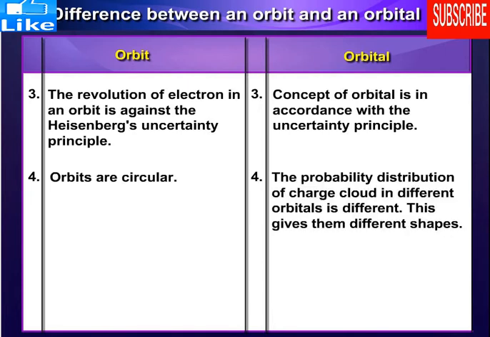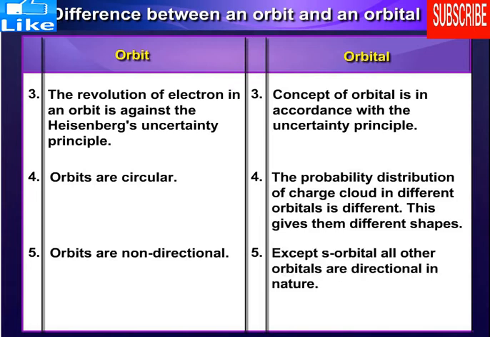The probability distribution of charge cloud in different orbitals is different. This gives them different shapes. 5. Orbits are non-directional. 5. Except s-orbital, all other orbitals are directional in nature.